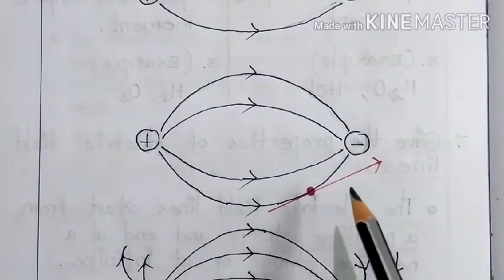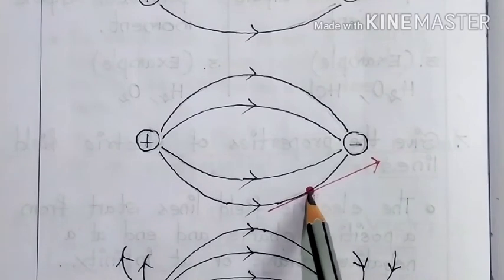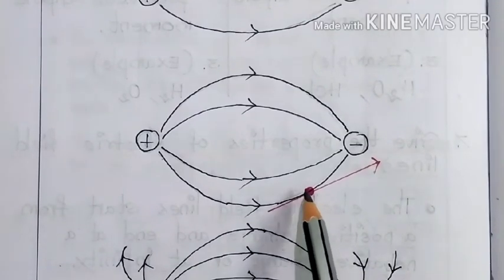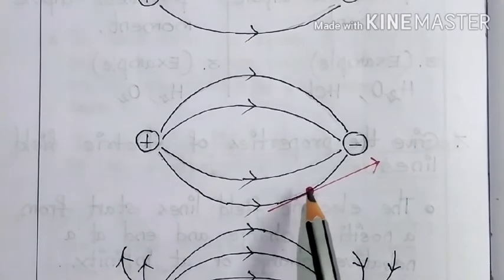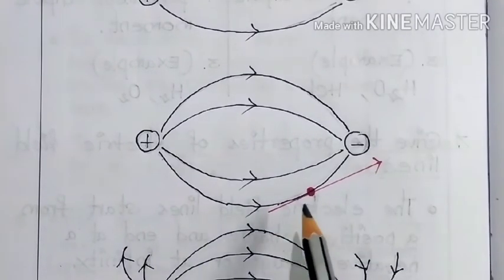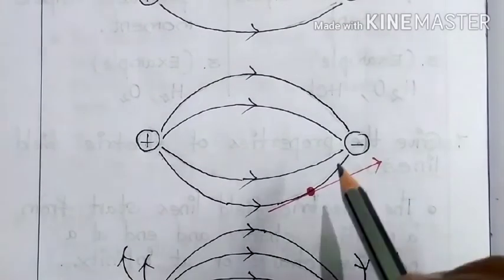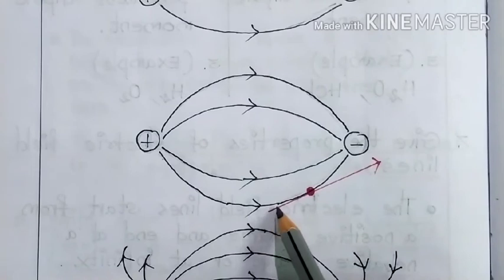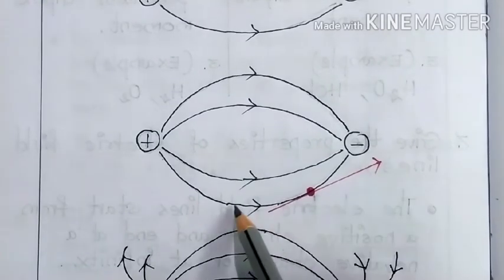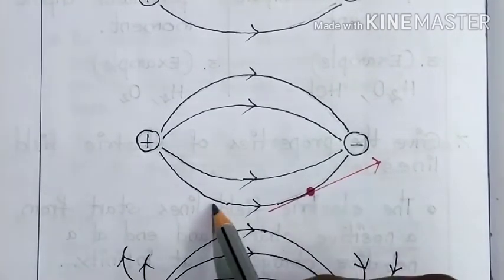Now here I would like to find out the direction of the electric field at this particular point. Then what I am supposed to do is to draw a tangent via this point to the electric field line.